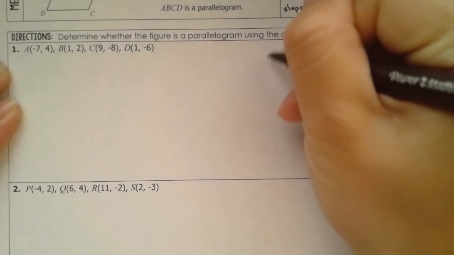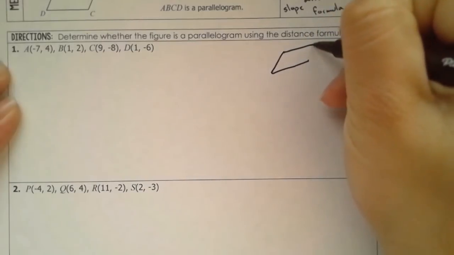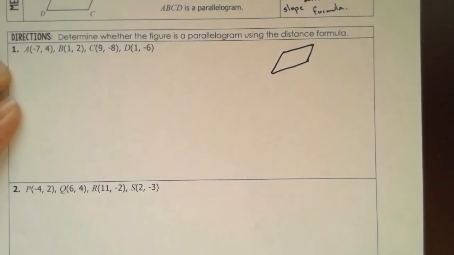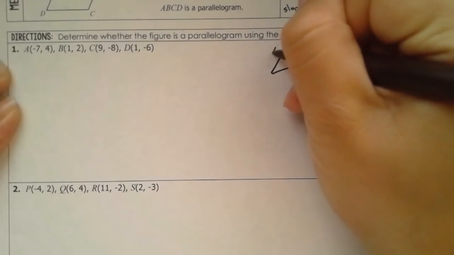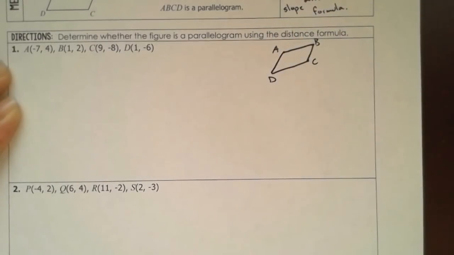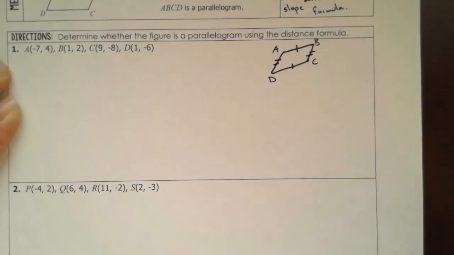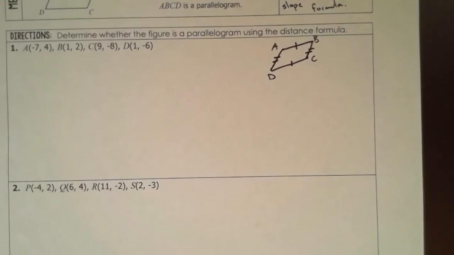So you're going to have something like this. Okay, that's my parallelogram, and you can label your sides. We have A, B, C, and D, and the opposite sides are congruent: AB to DC, AD to BC.